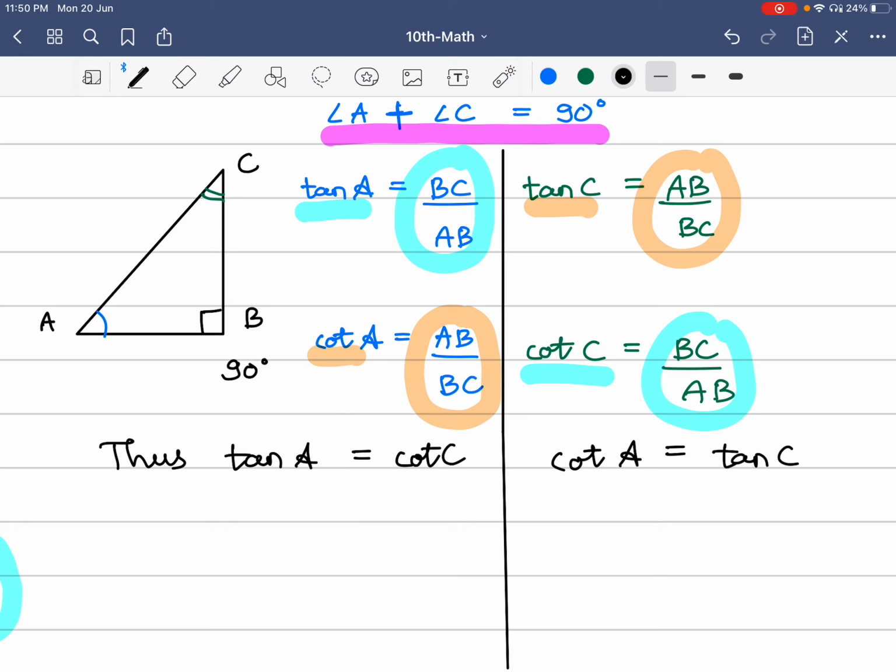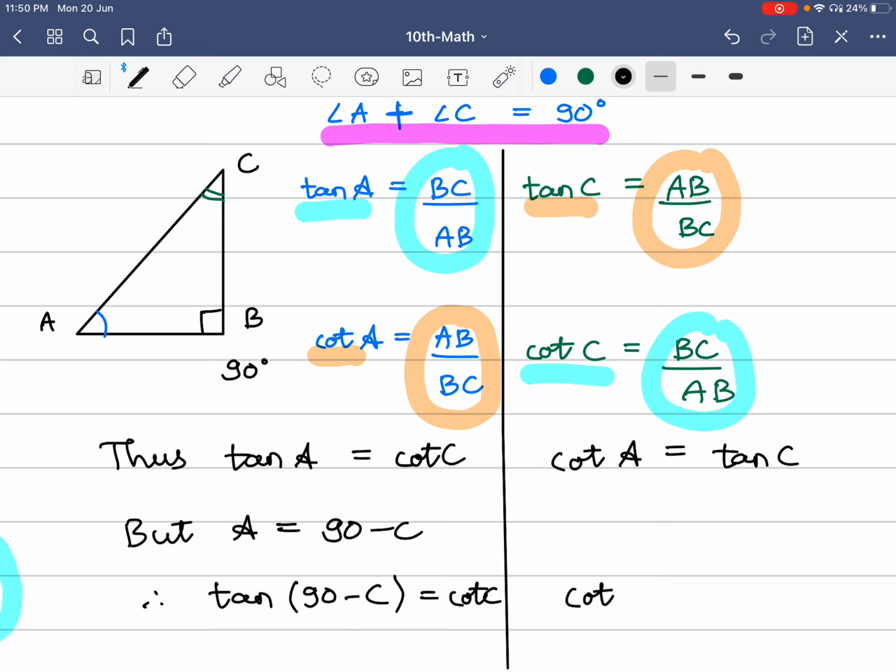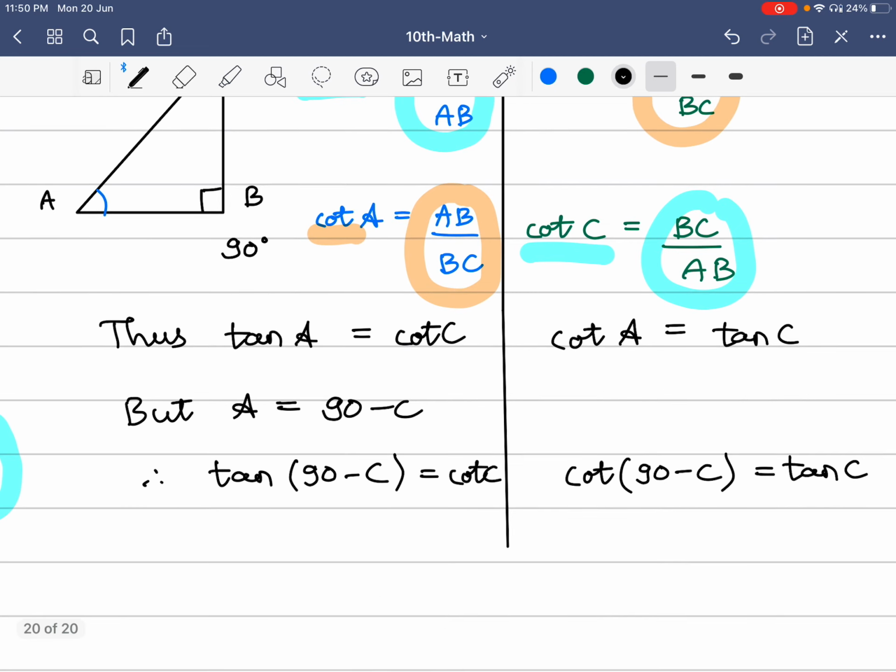But A is equal to 90 minus C, and therefore tan of 90 minus C is going to be equal to cot of C. Similarly, cot of 90 minus C is equal to tan of C. Let's highlight this point.